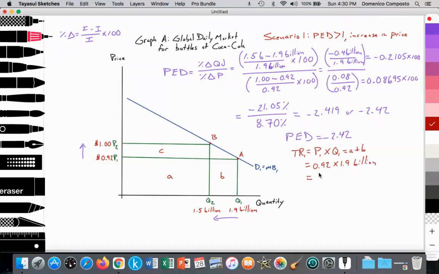And so the total initial revenue is equal to 1.748 billion.